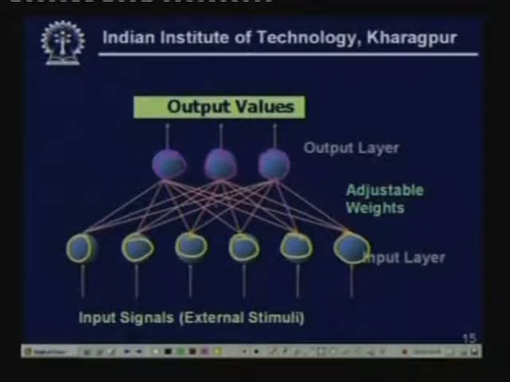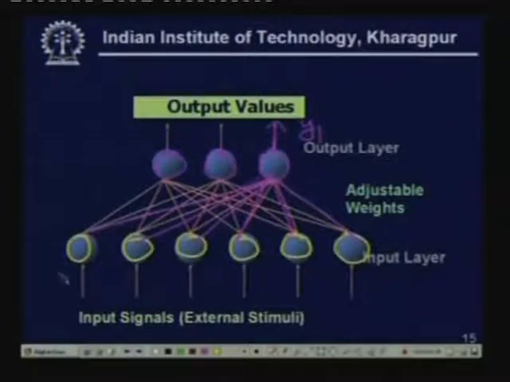To compute this output, these inputs are fed to the outputs through these connections. You see, in this case there are 6 inputs. All the 6 inputs are fed to each output unit, and this output unit provides an answer.